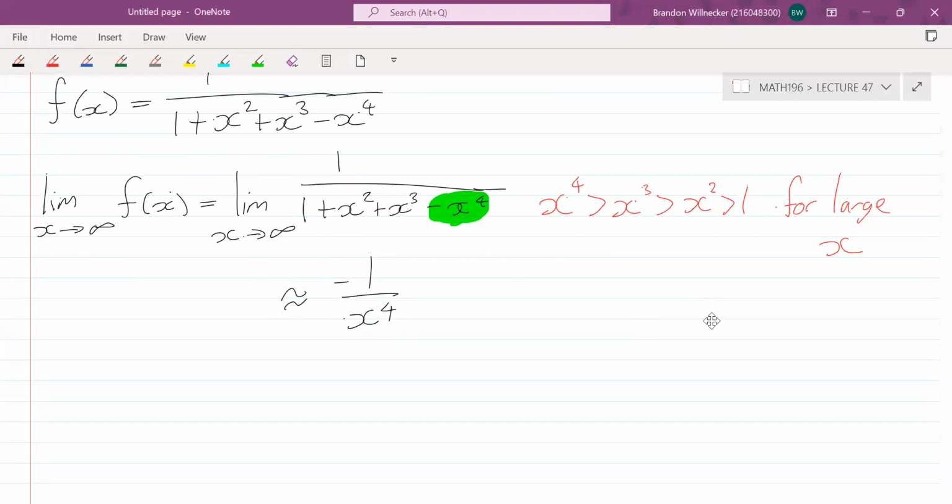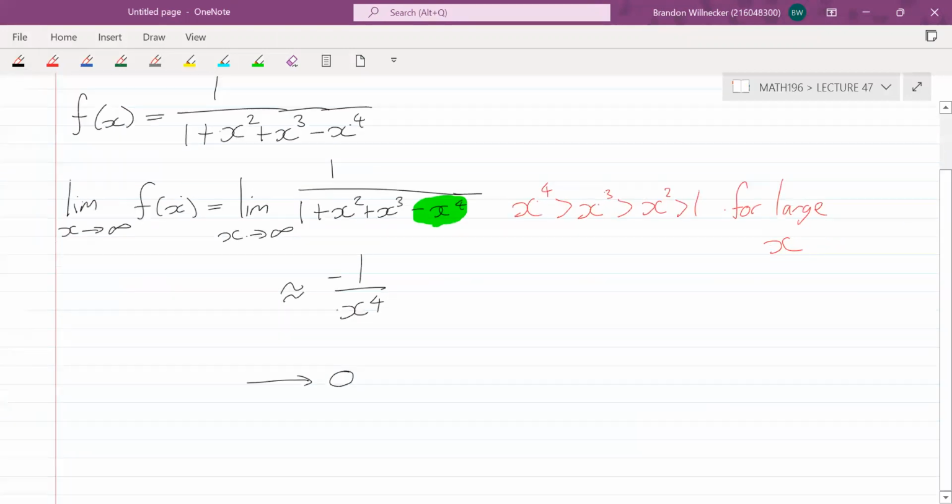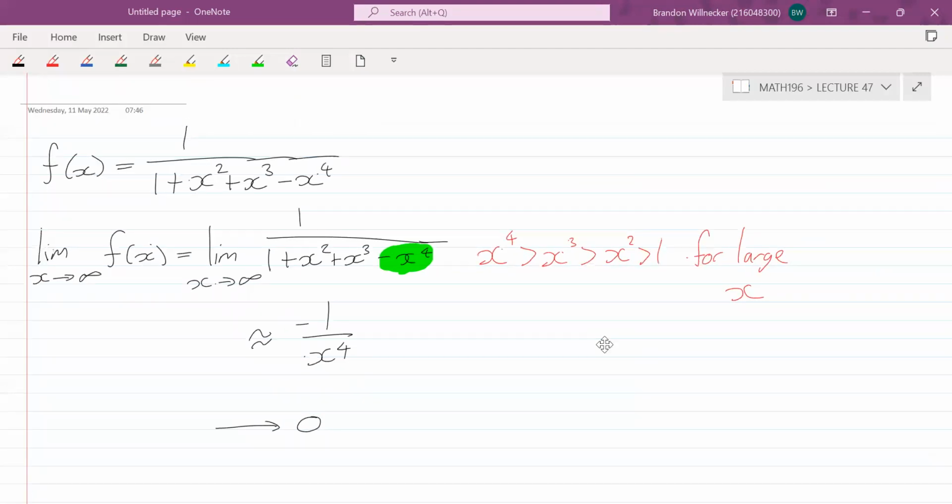And again, we've done this before. If you have 1 over x to some positive power, then this is going to go to 0. Okay, so even though the function may look complicated, remember your limit laws that you learned about last year. You can still take the limit because this is continuous. We can use our limit laws.